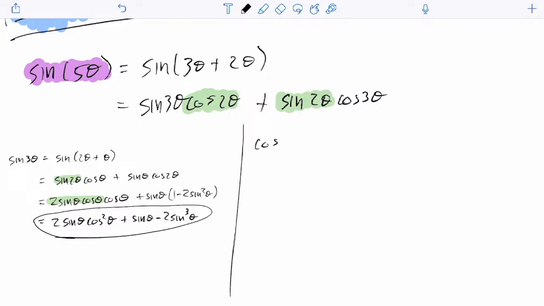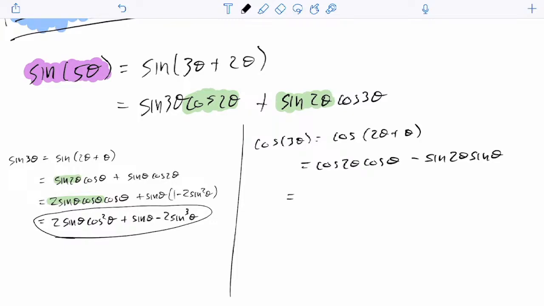Then if I want to do the cos of 3 theta, you could do the same thing here. I could write this as the cos of 2 theta plus theta. And this becomes the cos of 2 theta cos theta minus sine of 2 theta sine theta. And again, I can use any of the 3 formulas for cos of 2 theta. We only have one double angle formula to use here, so I'll just use that one.